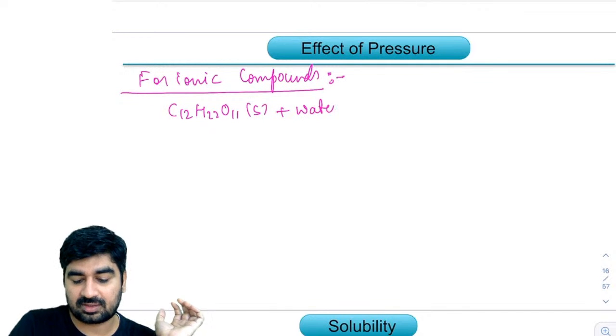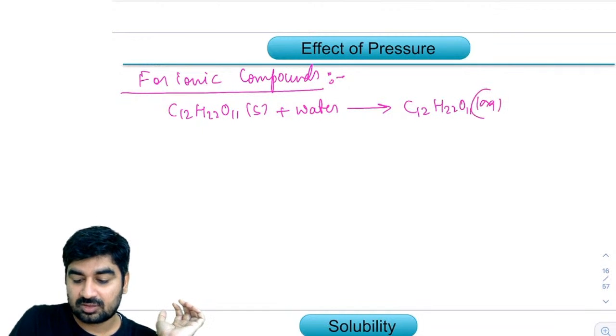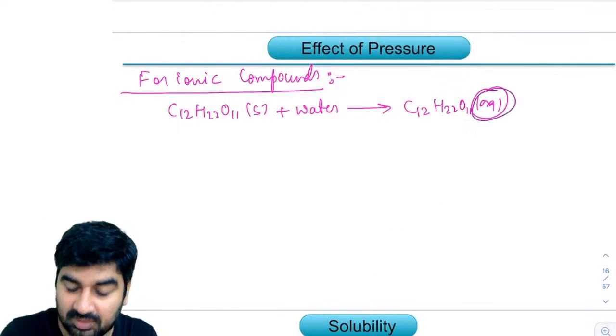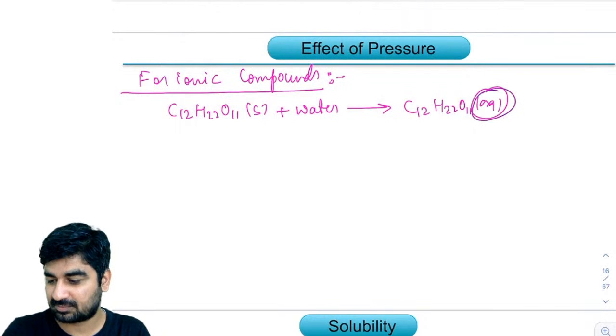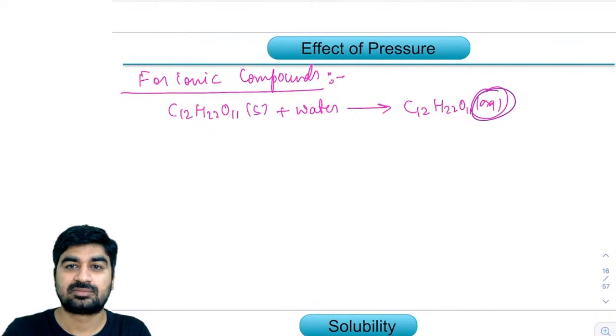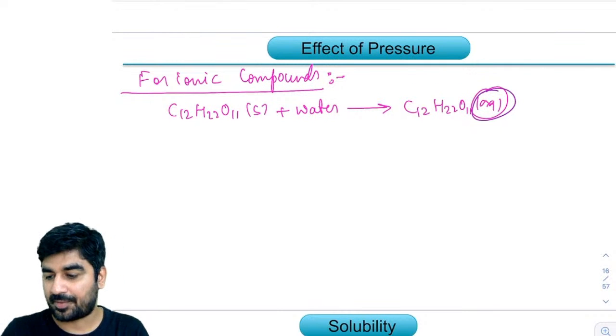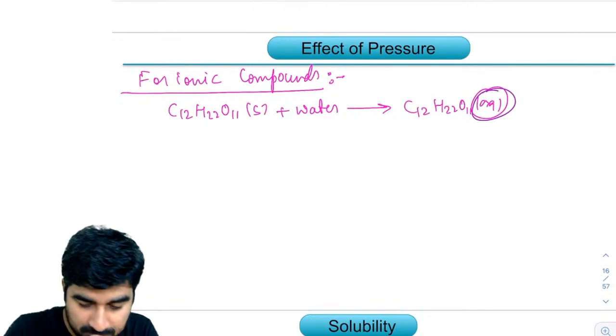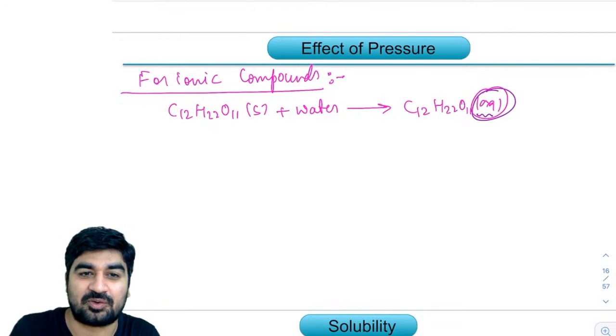If you mix it with water, you will get aqueous. So what does this aqueous mean? Now the sugar is dissolved.